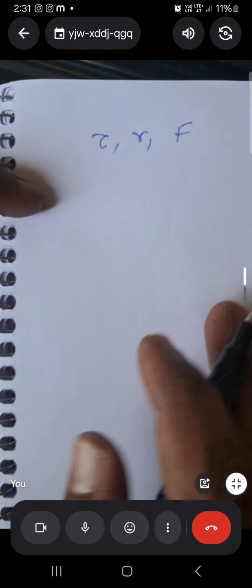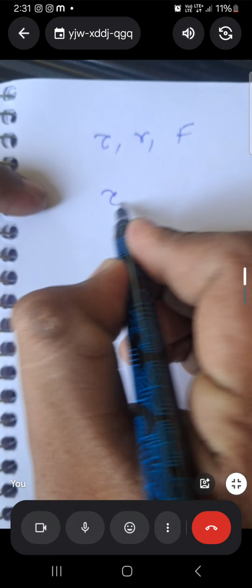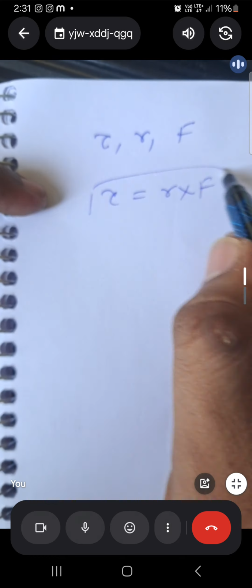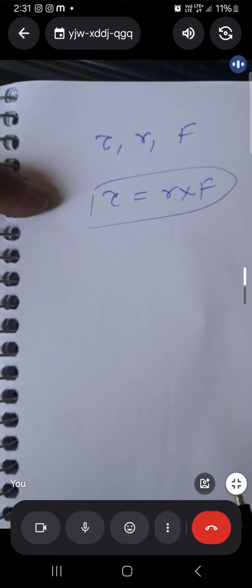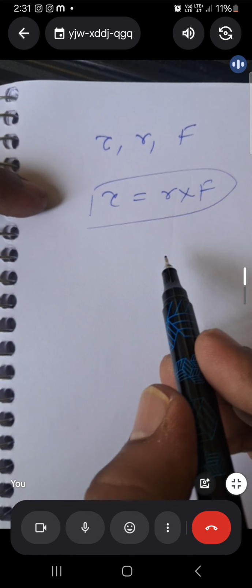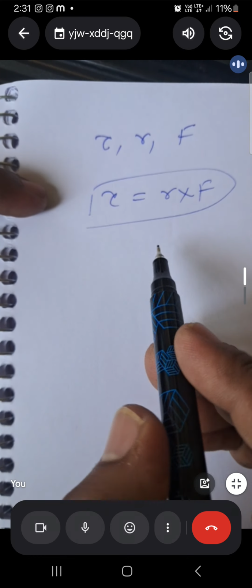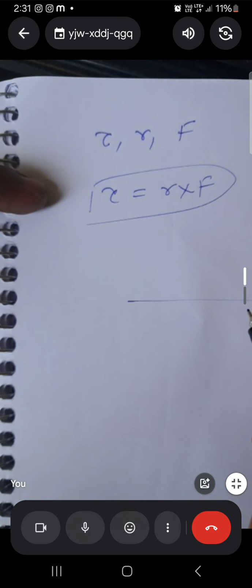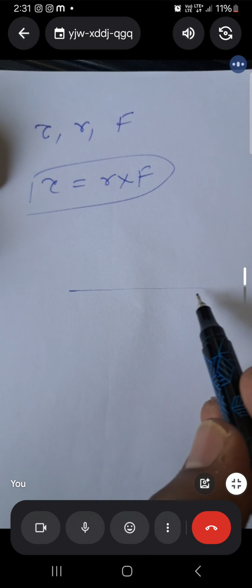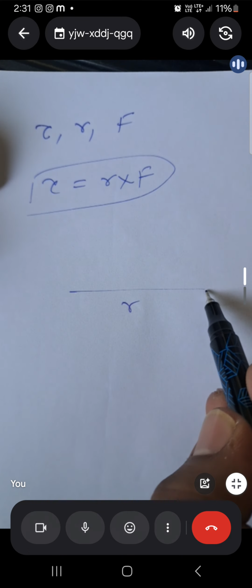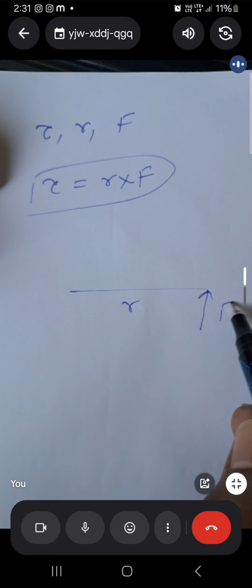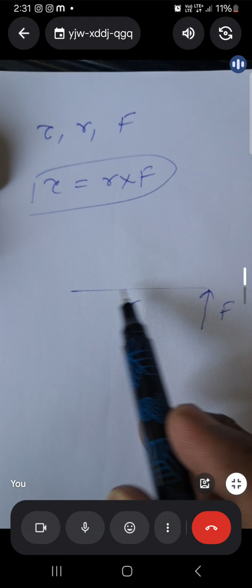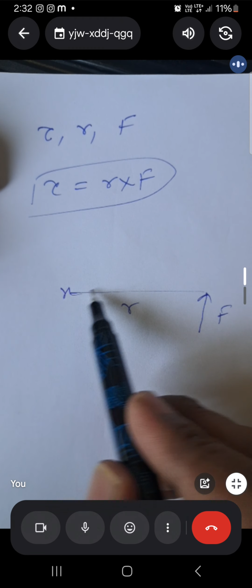Tau is equal to r cross f. Very good. Here these 3 are perpendicular to each other. For example, let's take this is the r and this is the force. We applied the force, so r and f are perpendicular. Let's take this is the x direction and this is the y direction.